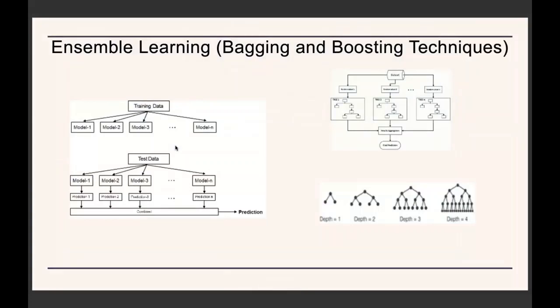In bagging or random forest, sampling of the data set is done, and multiple decision trees are created. That's why it's a random forest, right? Multiple decision trees are created, and towards the end, a voting is done.